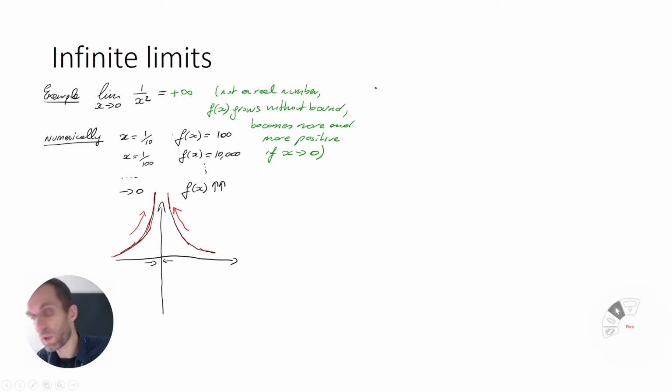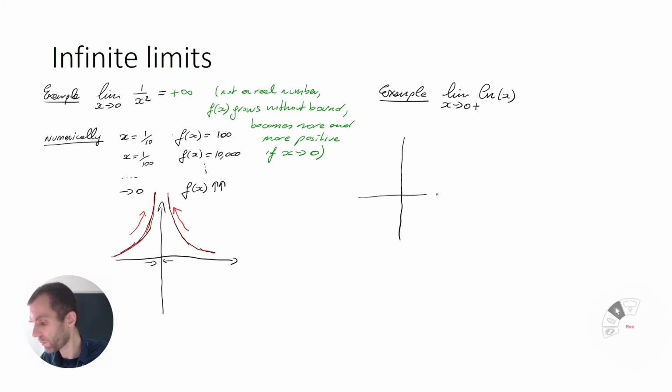Another example along the same vein is if we take our natural logarithm and we let x go to 0 from the positive side. Here we know that the graph looks like this.